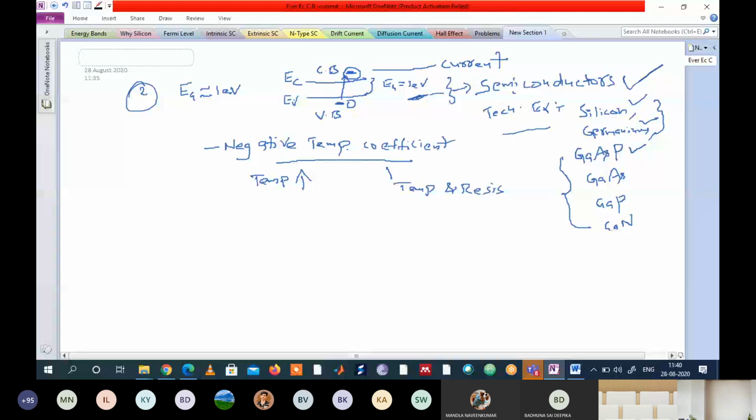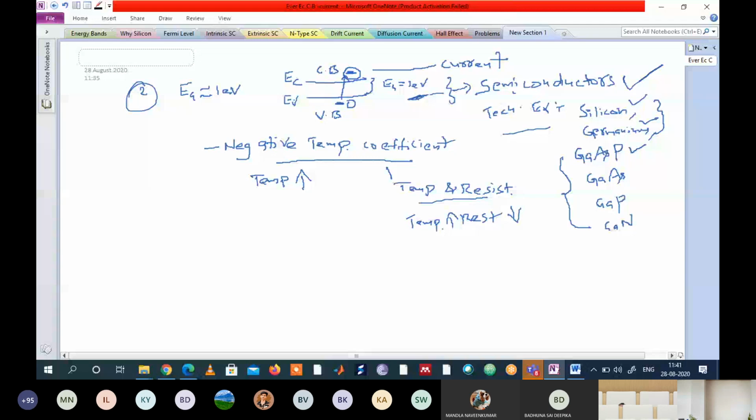Now tell me, what is the relation between temperature and resistance in a negative temperature coefficient? Negative temperature coefficient means that as temperature increases, resistance decreases. So how does resistance decrease?